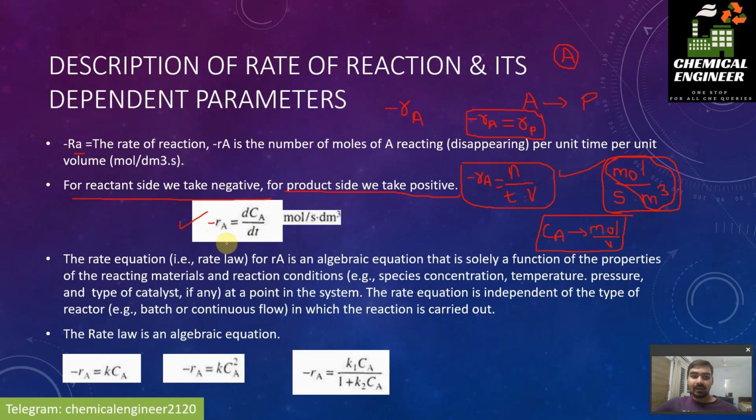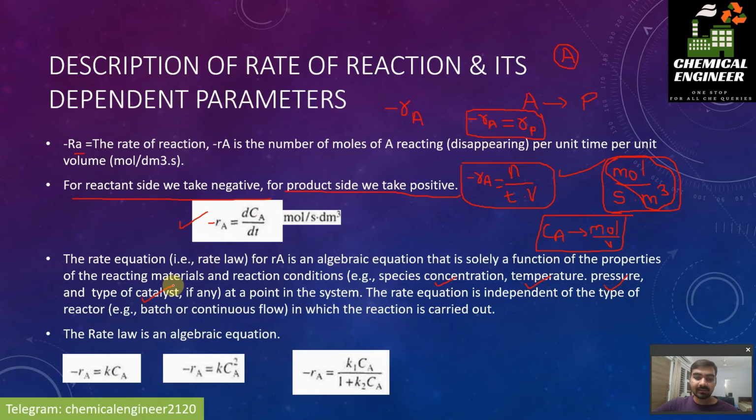Now how can we change this rate of reaction? Suppose something is reacting, disappearing, forming, anything is happening. How do we control it? The rate of reaction is controlled by parameters such as species concentration, temperature, pressure, and type of catalyst.